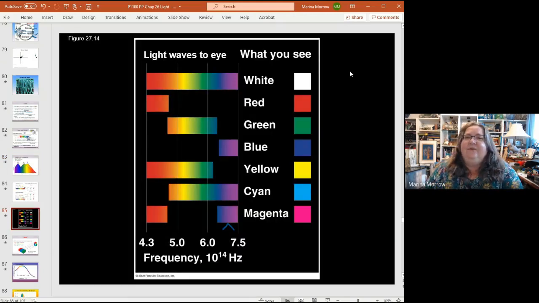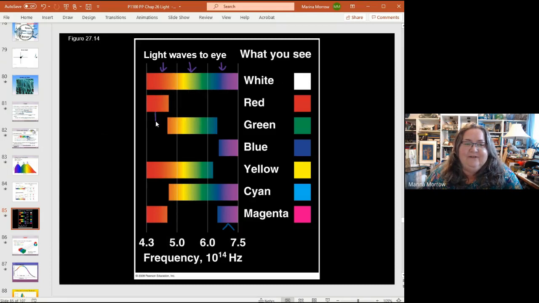So when light enters our eyes and is detected by the cones, our brain gets those signals and figures out a color to tell us that we're seeing. If you get signals in the red cone, the green cone, and the blue cone at the same time, your brain figures, hey, that's all the colors, that's white.